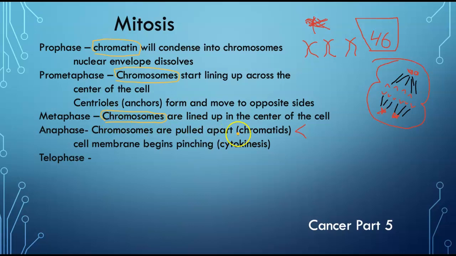As it goes into anaphase, it's going to become chromatids because it's ripped in half. And again, depending on the book and the resource, you'll see daughter chromosomes and stuff. I'm going to keep it this simple. Chromatin to chromosomes to chromatids. And then as we move into telophase, the chromatids turn back to chromatin.